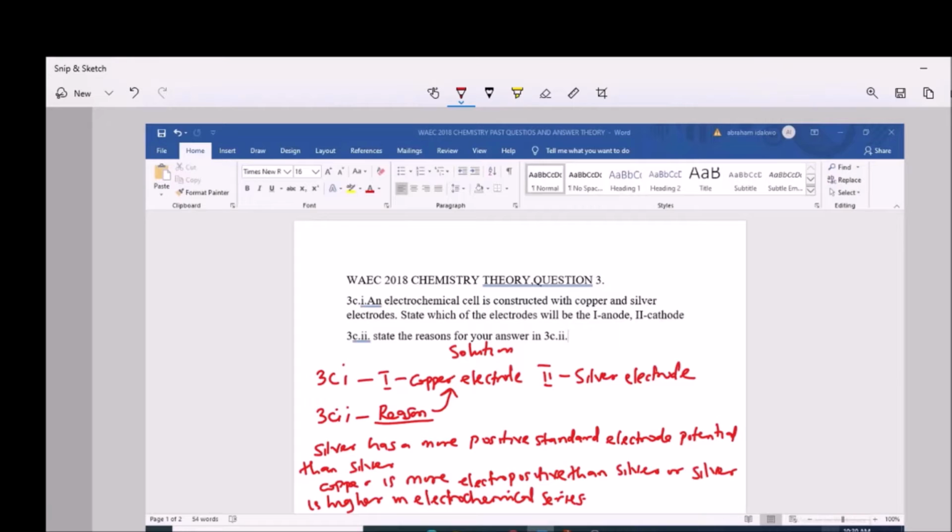So these are the reasons for having the copper electrode at the anode, and the silver electrode at the cathode.